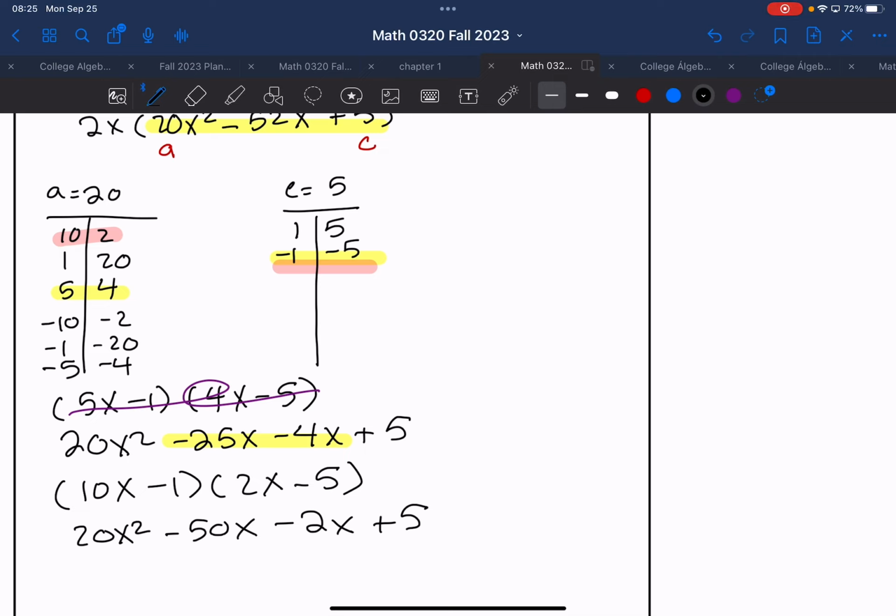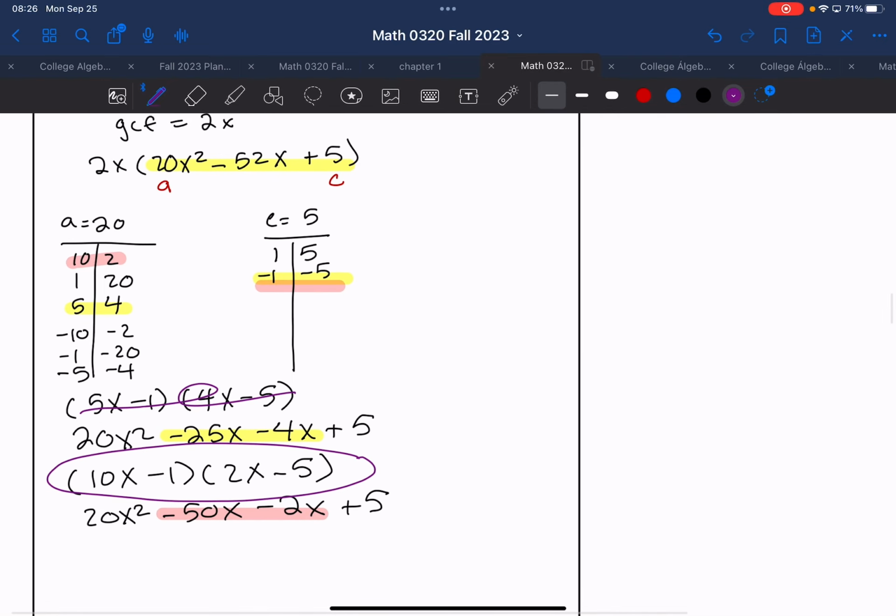If I look at my middle terms, is that going to give me a negative 52x? Yes. Yes, so what does that tell you about this factor here? That's correct. That's our answer. So our answer for this one is that 10x minus 1 and that 2x minus 5.